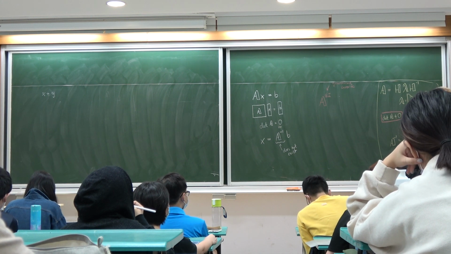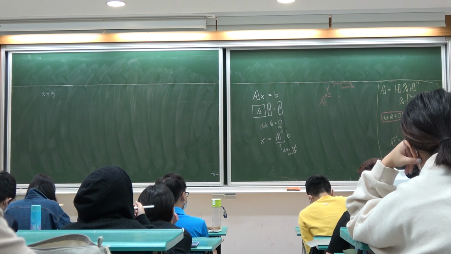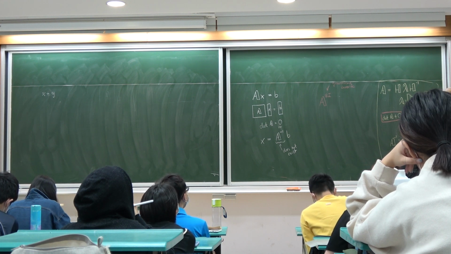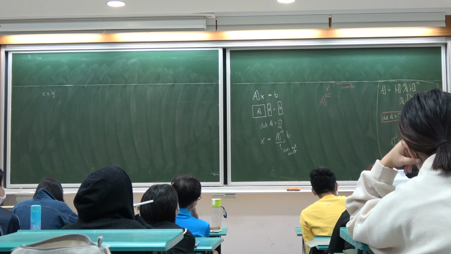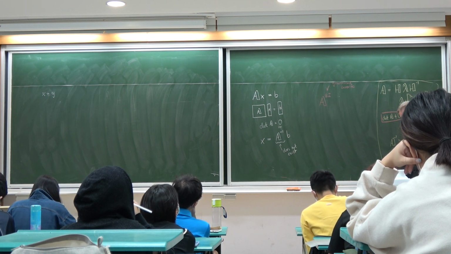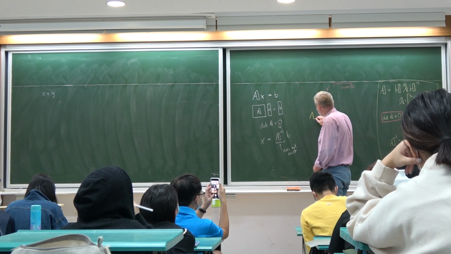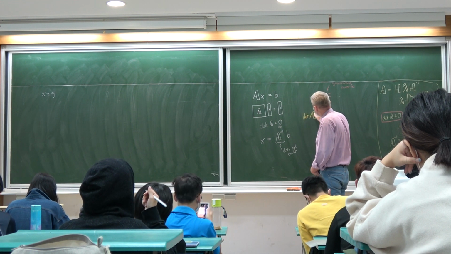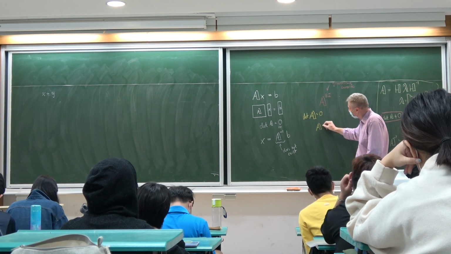Now, what happens when determinant is 0? Then, one of these eigenvalues is 0. At least one, maybe 2, maybe 3. I don't know, but at least one of the eigenvalues is 0 if determinant is 0. So, coming back to that, matrix A with determinant A equals 0 also has eigendecomposition.